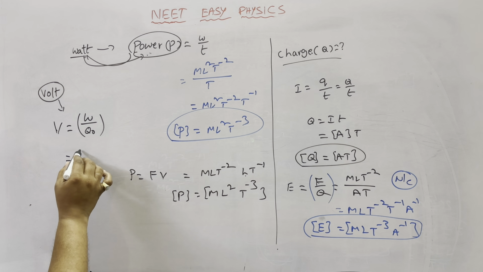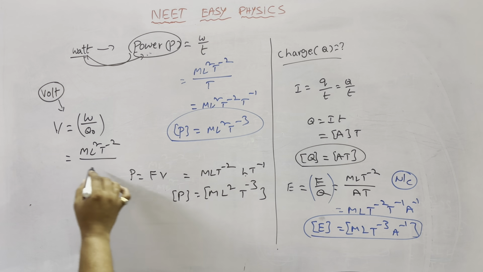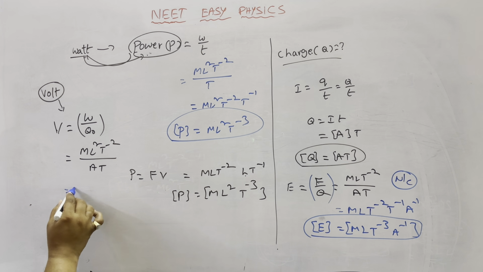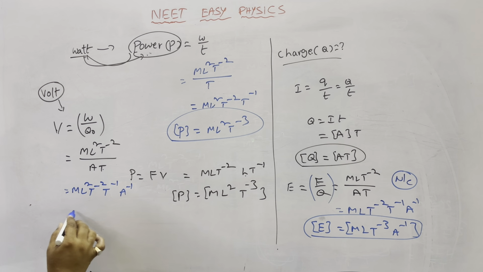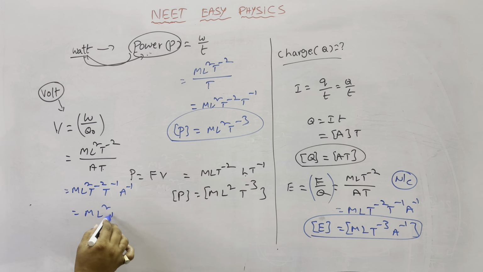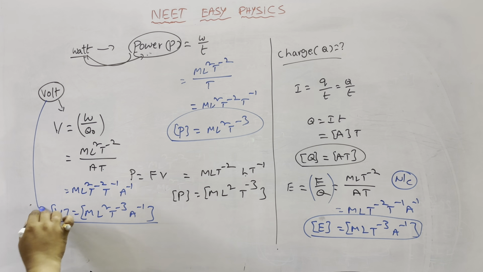What is the work done dimension formula? M L² T⁻². What is the charge dimension formula? A T. If you rearrange this, M L² T⁻² T⁻¹ A⁻¹, so M L² T⁻³ A⁻¹. This is the dimension formula for voltage, for volt, or electric potential.